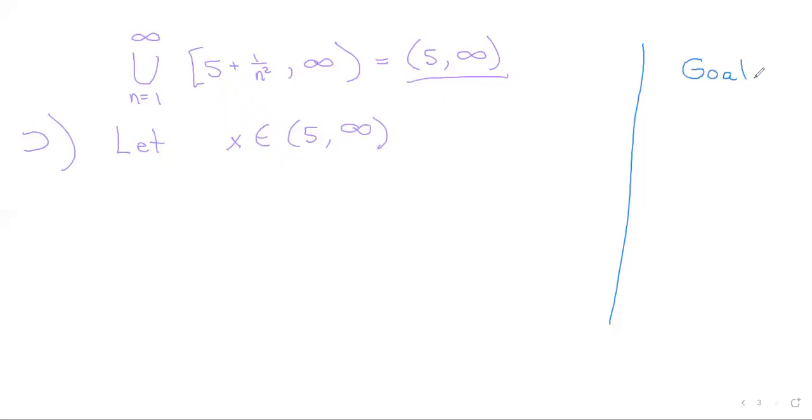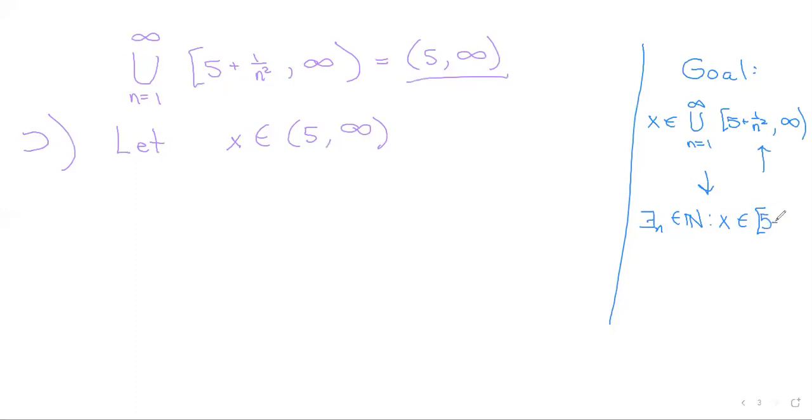Our goal is to show that x exists in the union, n equals 1 to infinity, of this interval, and that is equivalent to there existing an n in naturals such that x is in one of these intervals.